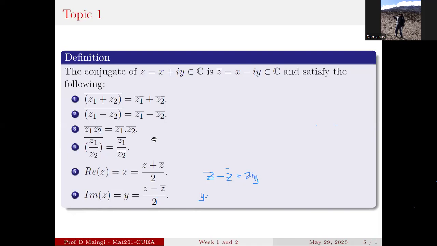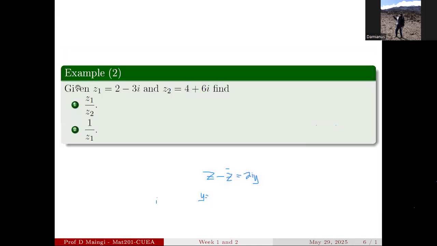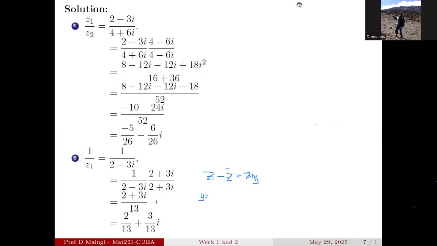Next, we are given two complex numbers, and now we perform the division: z1 over z2, and then you find the result. So here is the working. Remember z1 is 2 minus 3i, and z2 is 4 plus 6i.